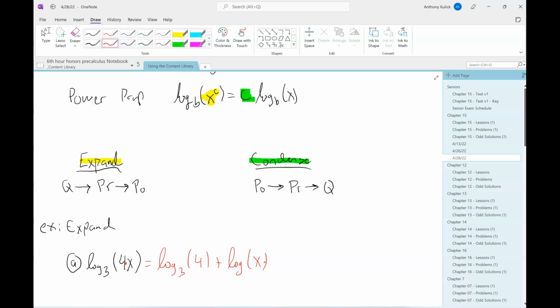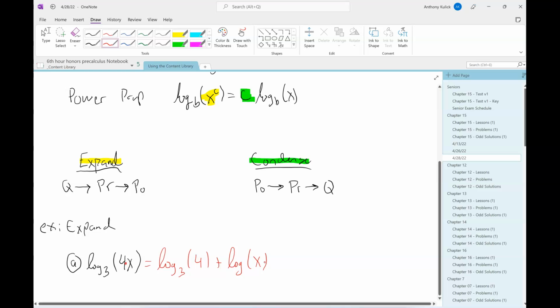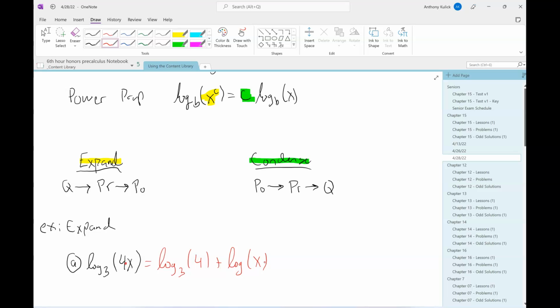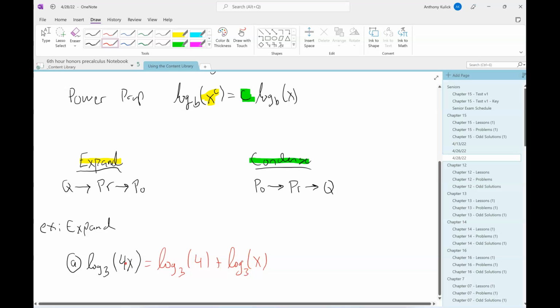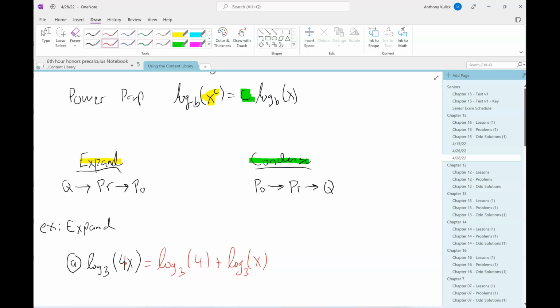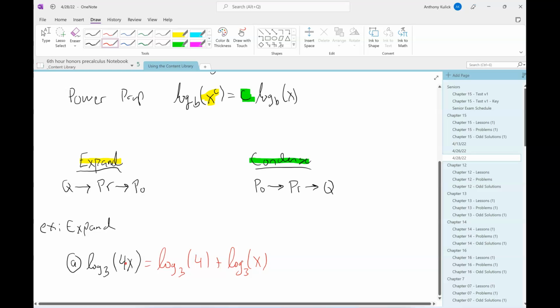Okay. Since we've applied one of the properties, we need to start back over again, looking at the two new logarithms that we've created. So we're going to start at quotient again. If you look at log base 3 of 4, and log base 3 of x, is there a quotient property in either of those? No. Is there a product property in either of those? No? Okay. Is there a power property in either of those? I think you missed something. 4.